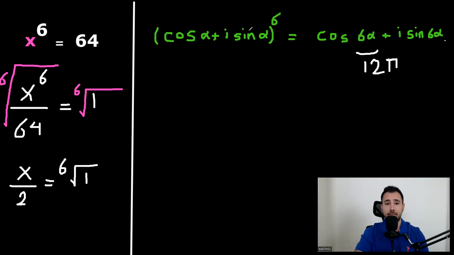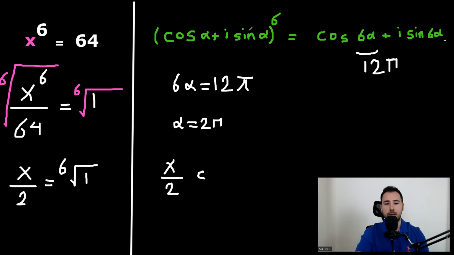In this case, 6 alpha would be 12 pi. So alpha would be 2 pi. Okay. And then what happens here? It would be x over 2 equals cosine of 2 pi plus i sine 2 pi.